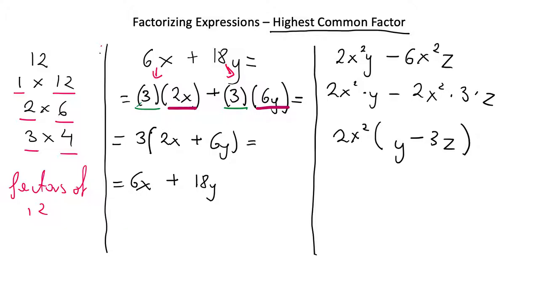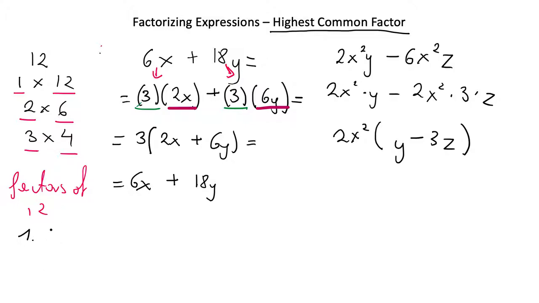So in order to factorize an expression by highest common factor, I need to first identify the highest common factor, the HCF. Then I divide each term by the highest common factor, or I take it out of the bracket.